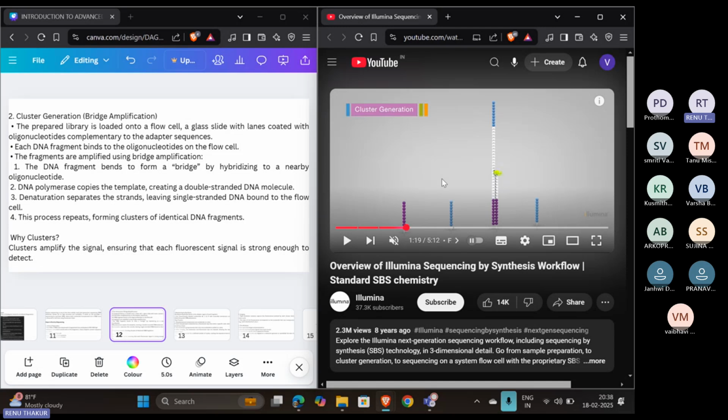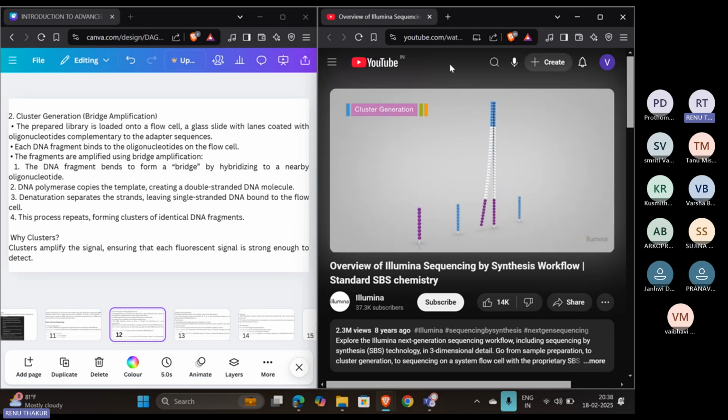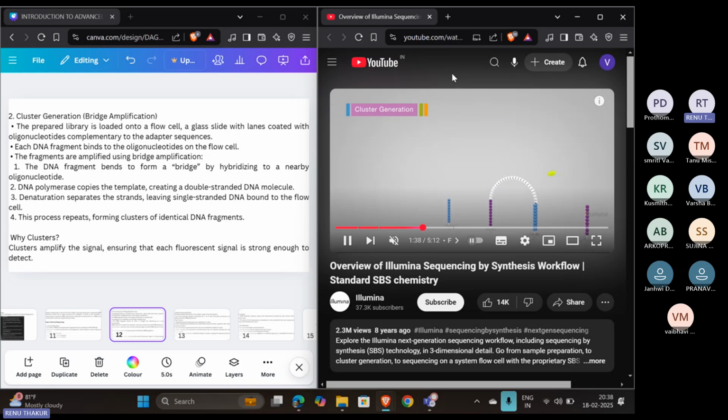The fragments are amplified using a technique called bridge amplification. This DNA fragment, which has bound to the oligonucleotide, will form a bridge by hybridizing to the nearest oligonucleotide.